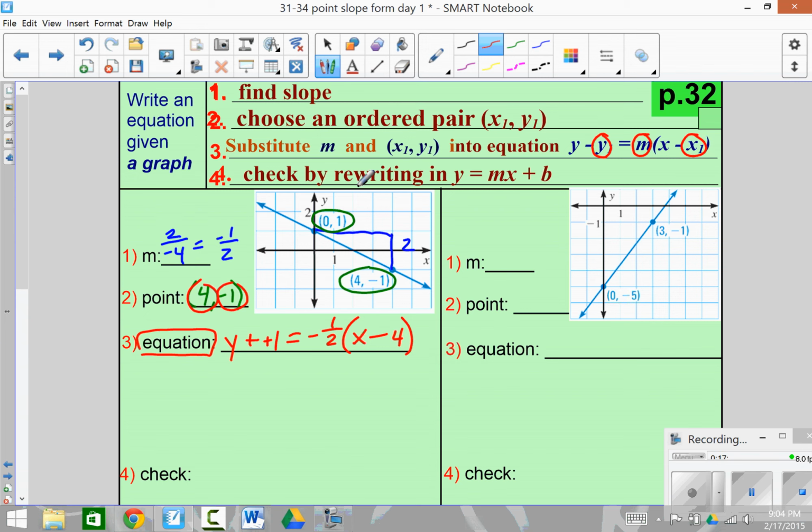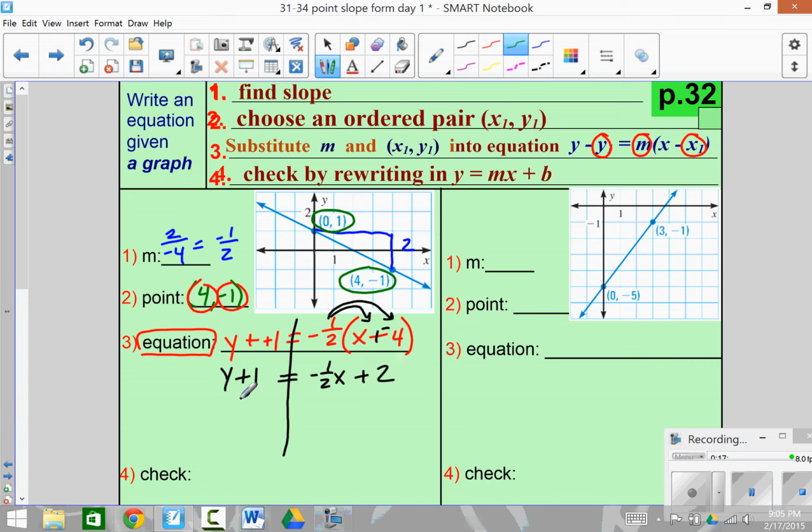Step 4, check by rewriting. I'm going to rewrite this equation. I have y plus 1 on this side. I'm going to distribute. Negative 1/2 times x is negative 1/2 x. Negative 1/2 times negative 4 is positive 2.